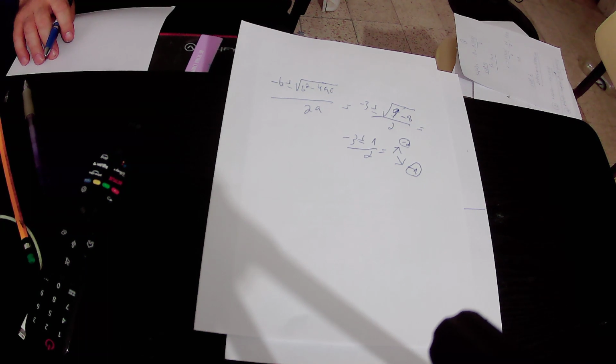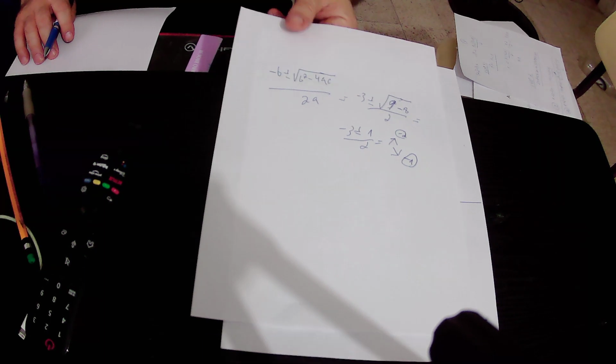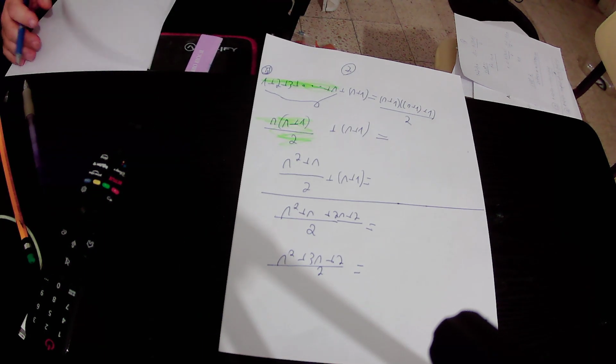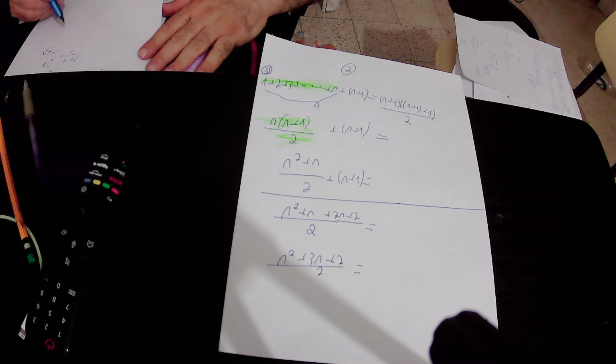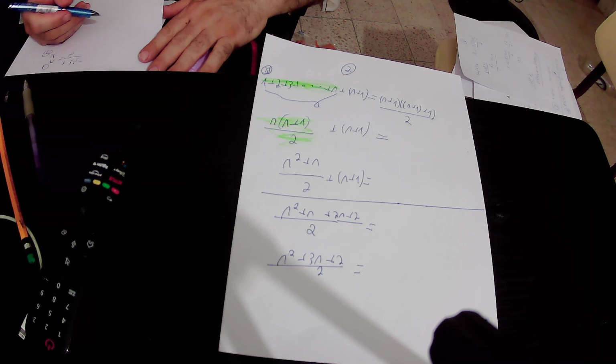So the first solution is minus 2, and the second solution is minus 3 plus 1 all divided by 2. Minus 3 plus 1 is minus 2, and minus 2 divided by 2 is minus 1. So we have two solutions to the quadratic equation.